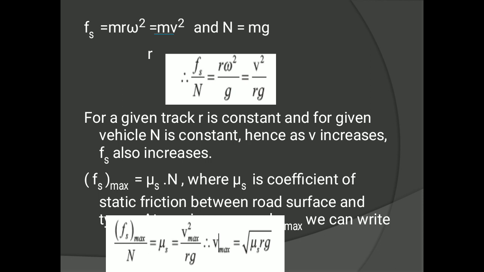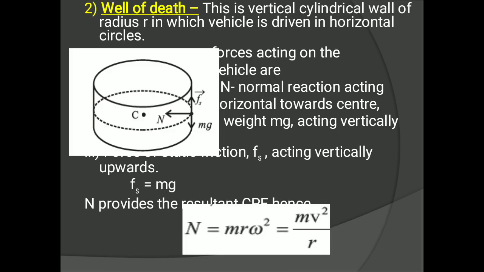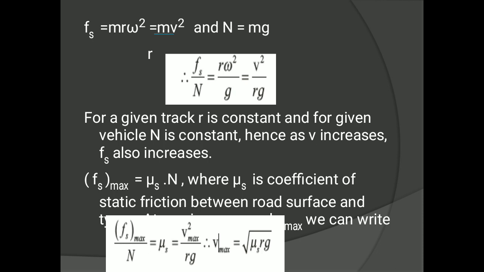For a given track, r is constant, and for a given vehicle, normal reaction is also constant. Remember again, when the car is moving on the given track, the radius is constant, also the normal reaction for the given vehicle is constant. So as v increases, force of static friction also increases.